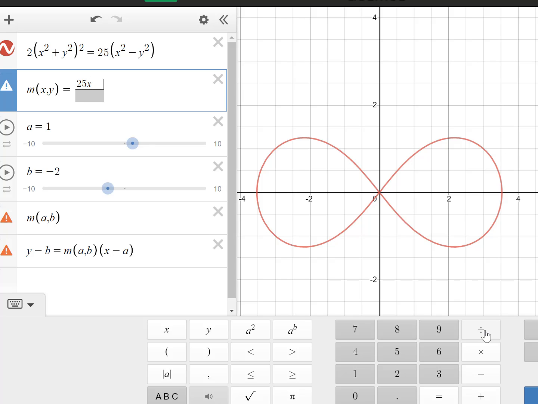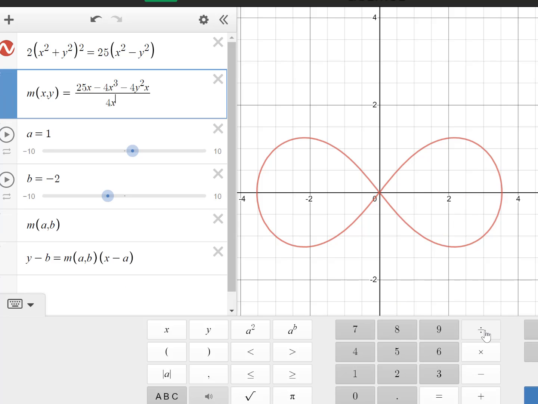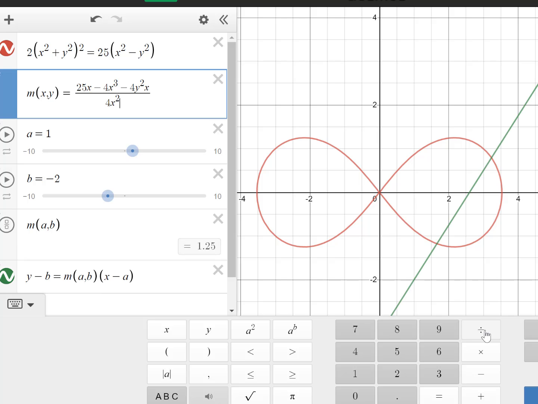It was 25x minus 4x cubed minus 4y squared x. And on the bottom, we had 4x squared y plus 4y cubed plus 25y.